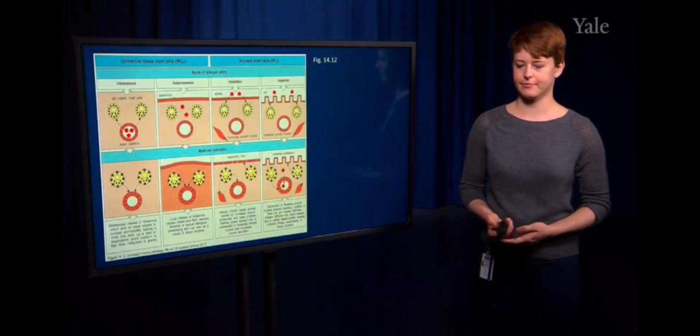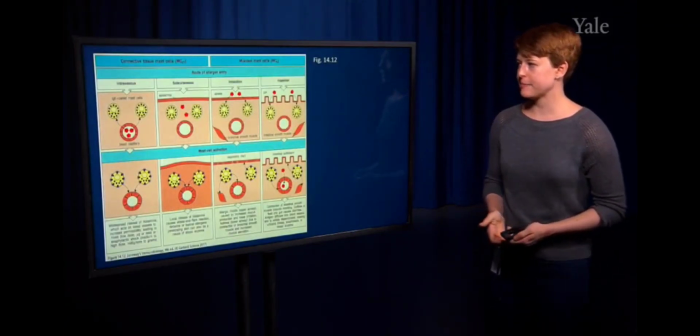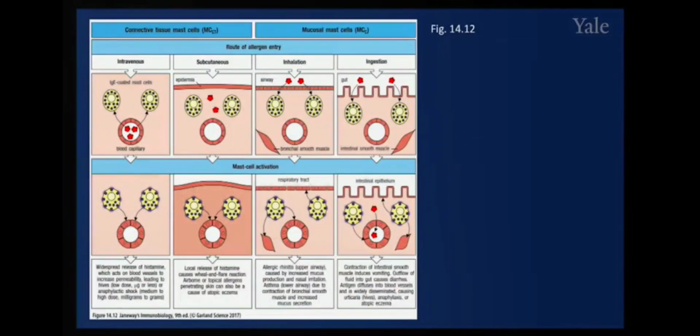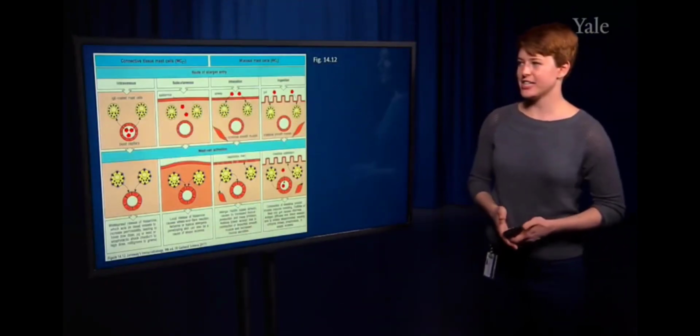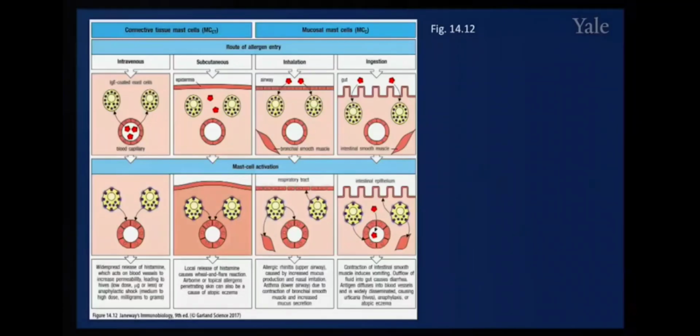So here we have a couple examples of your immediate local immune responses. I mentioned the anaphylactic response, which you can see on the far side, where we have IgE-coated mast cells in the circulation, and those cells will rapidly release their granules, which causes vascular permeability.